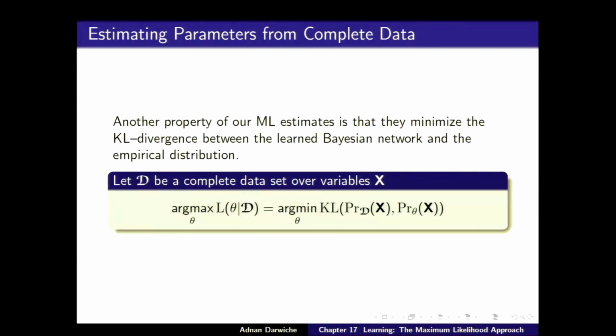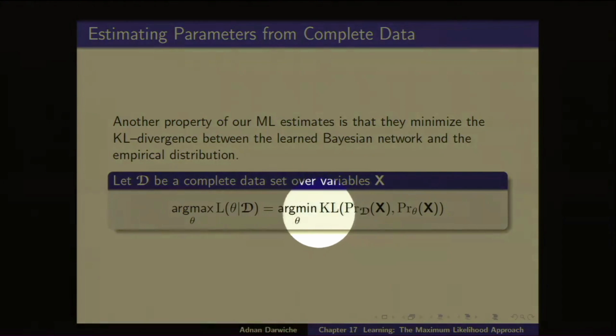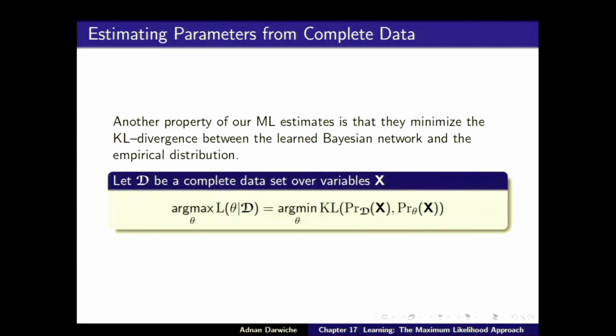Here's another property of these estimates. You remember KL divergence? We talked about this briefly when we discussed, for example, approximate inference and belief propagation. The KL is a number that you compute between two distributions. I give you distribution A, distribution B, and you say, what is the KL divergence? It is meant to somewhat measure how close they are to each other, except that it's not a true distance metric, as is well known. Now, look what property the estimates we just talked about have.